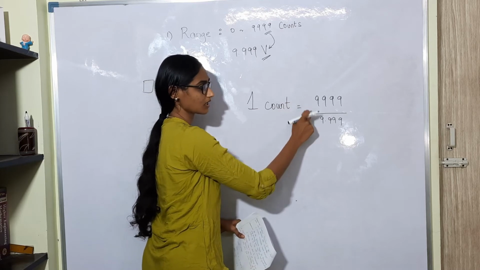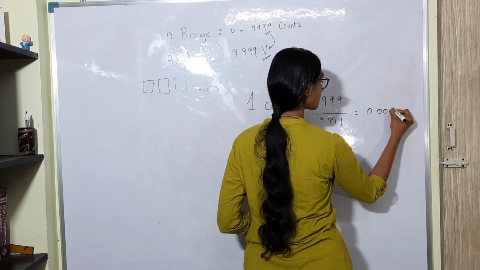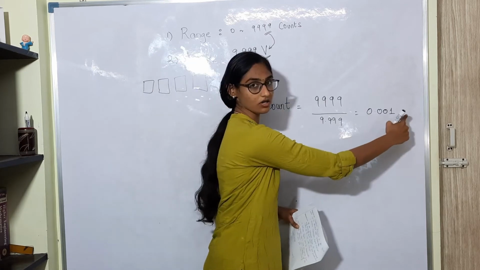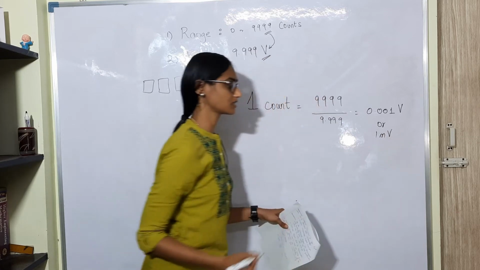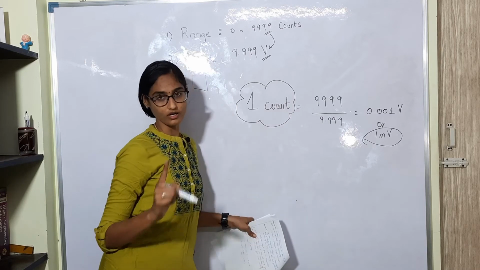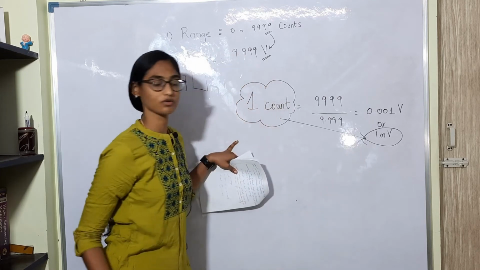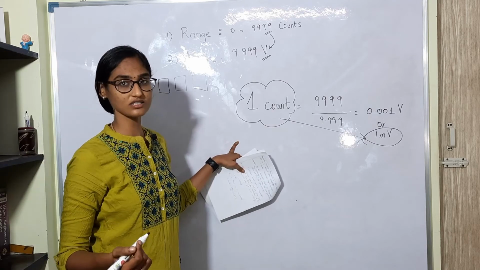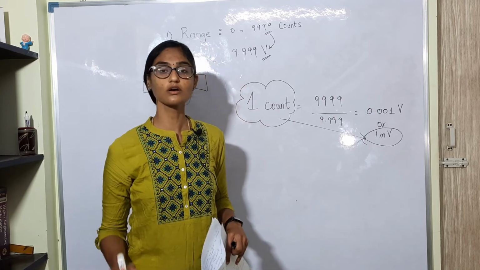That is 9.999 divided by 9999, which is 0.001. So one count is 0.001 volt or 1 millivolt. So the resolution is nothing but 1 millivolt. This device can count up to 1 millivolt minimum. So resolution is nothing but the minimum amount of voltage that a device can detect, and this count is 1 millivolt. So the resolution is 1 millivolt.